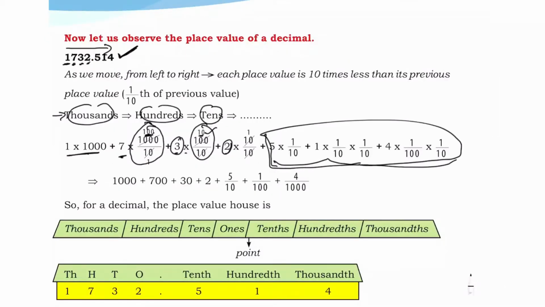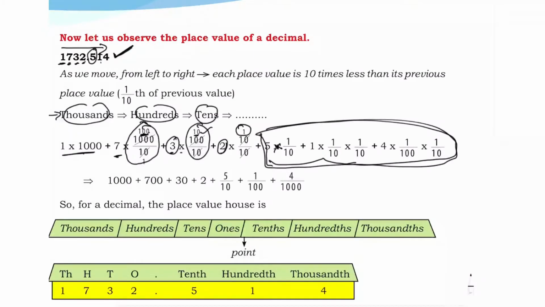These are your decimal parts. So how do we expand that? 5 becomes 5 into 1 by 10. Again, this is 1/10 of the previous place value, that is 1. And then 1 becomes 1 into 1/10 of the previous place value of 1/10. So 1/10 into 1/10.